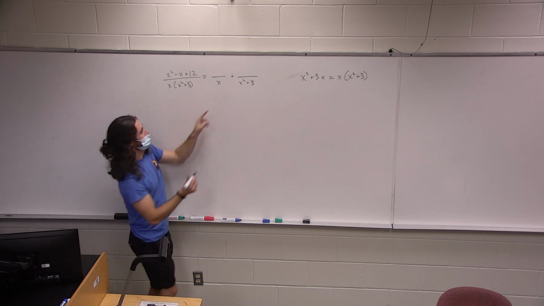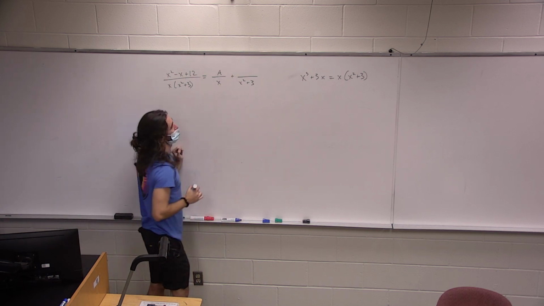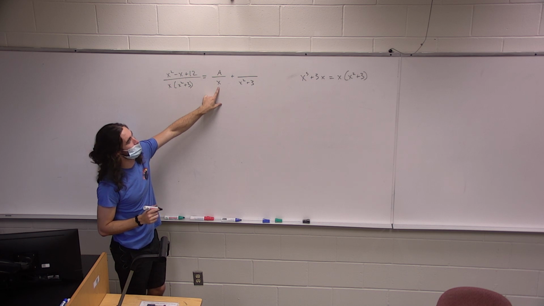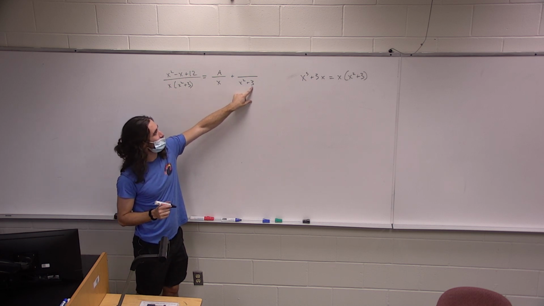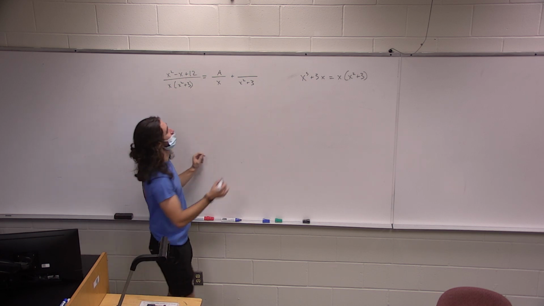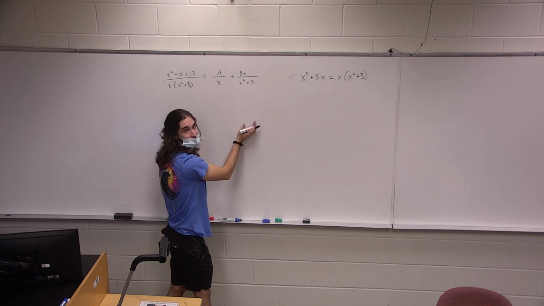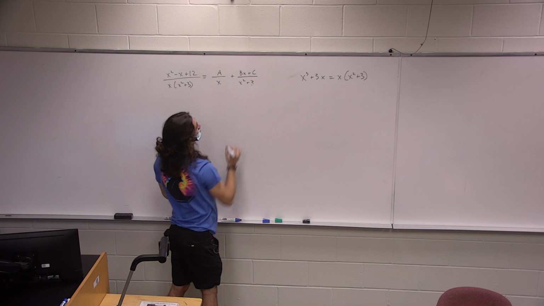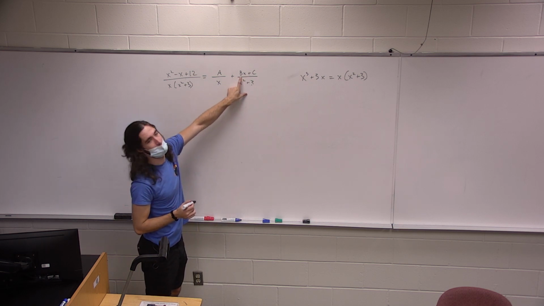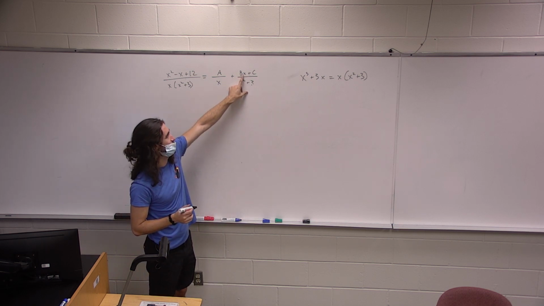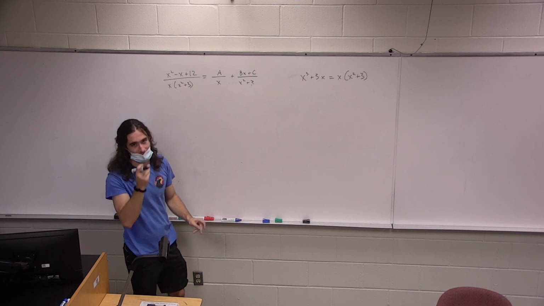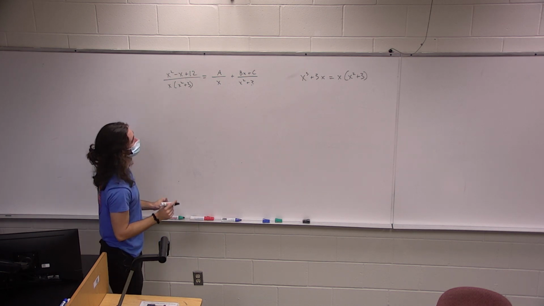Now, this one is just some constant over that one because it's a nice first degree factor. But when you're left with a second degree factor, it's not guaranteed to just be a constant up top. It's guaranteed to at least be a first degree polynomial up top. So you can say something times x plus something, and that's guaranteed to cover what you're looking for.